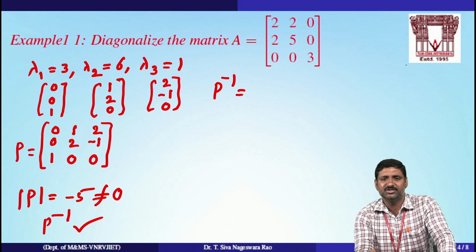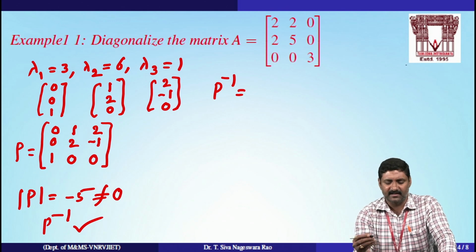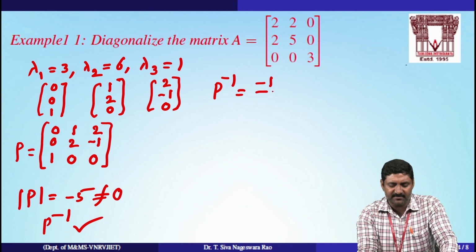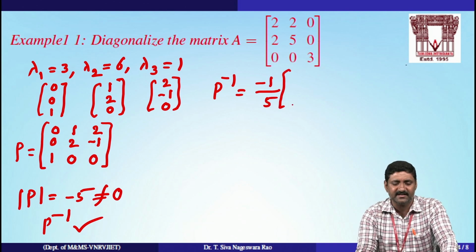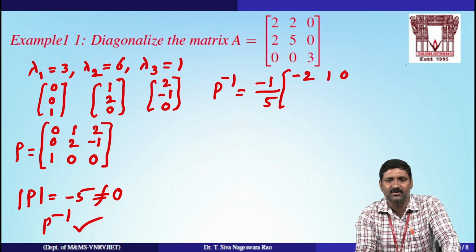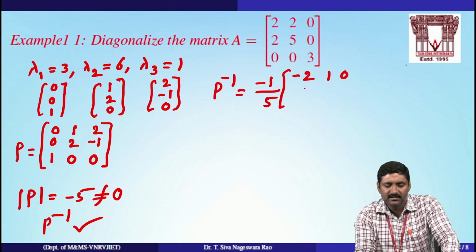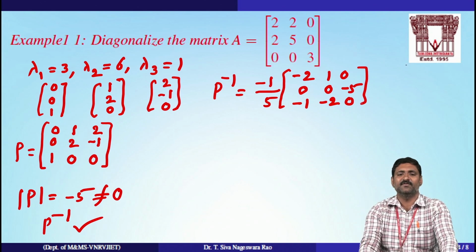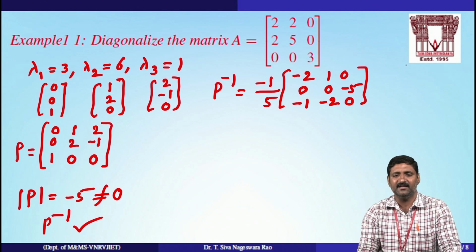The formula is adjoint P divided by det P. Therefore, minus 1 by 5 into the adjoint matrix, which is minus 2, 1, 0, 0, 0, minus 5, minus 1, minus 2, 0. This is how we calculate the inverse of the matrix capital P.